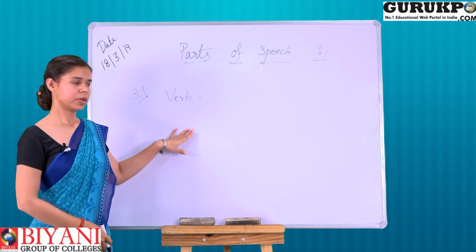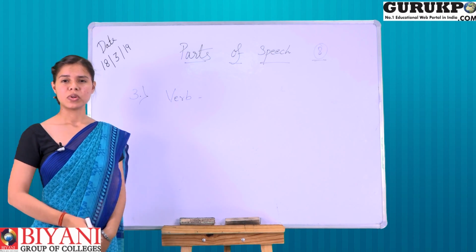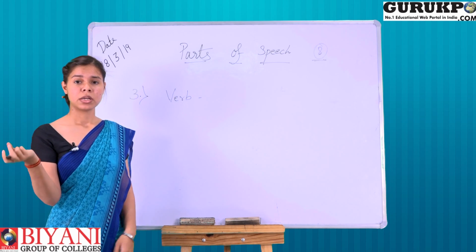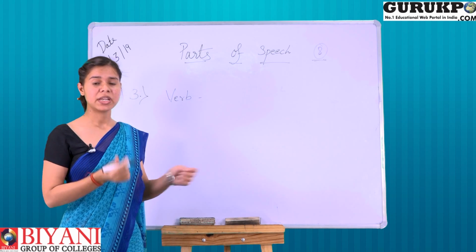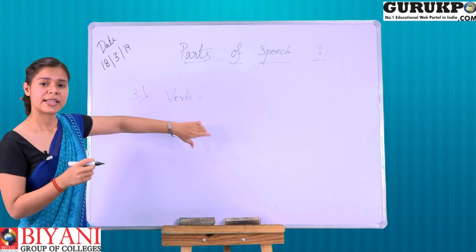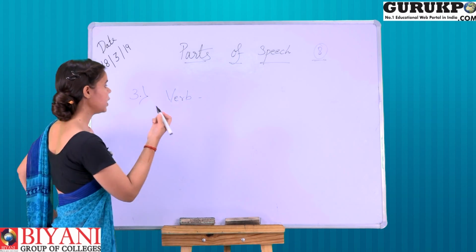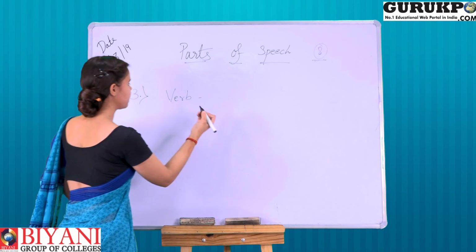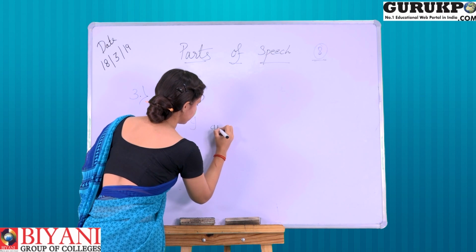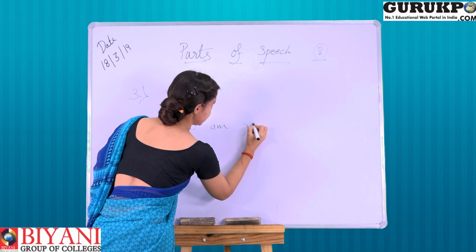Next is verb. What is a verb? A verb is the key word in the predicate of a sentence which denotes the action being done by the subject. Okay, it is an action word, right? For example, I am reading.